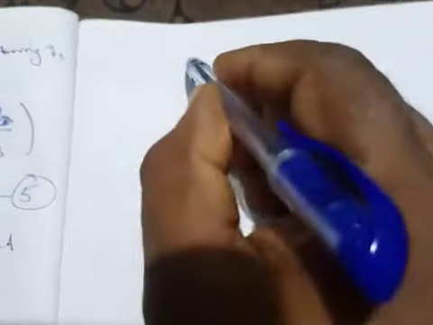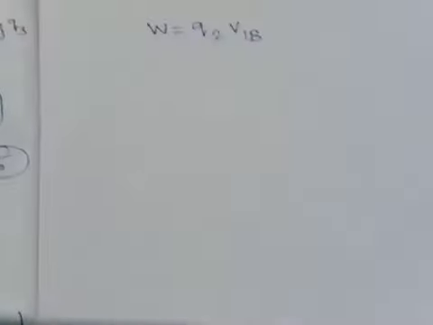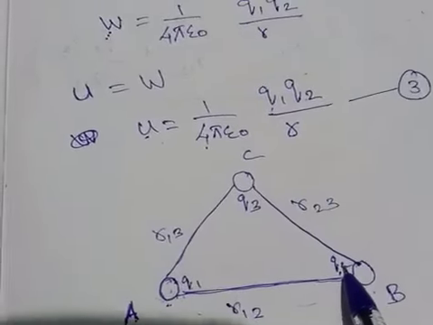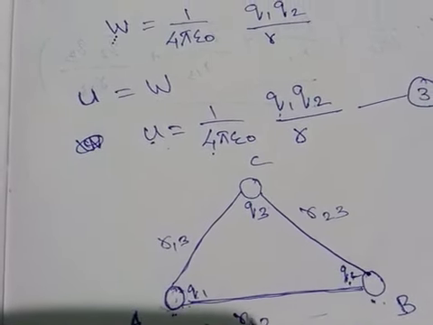So that work done is how much? That is what I am writing here. We can write W is equal to Q2 V1B. What is this work done? W is equal to the product of the charge Q2 and V1B.